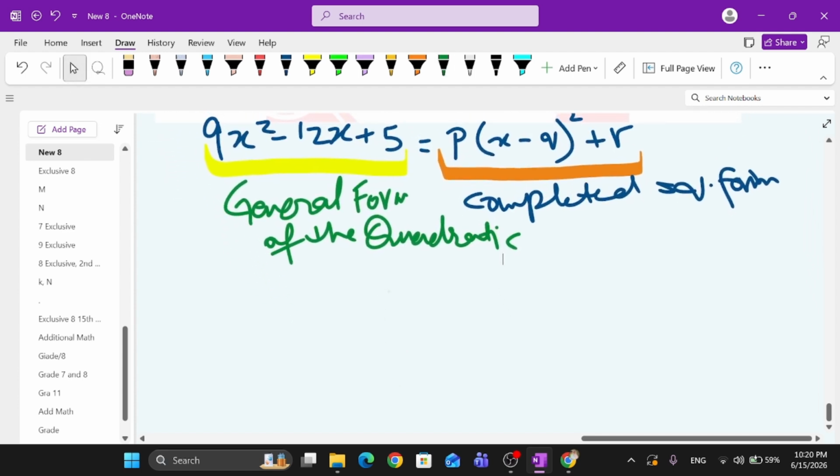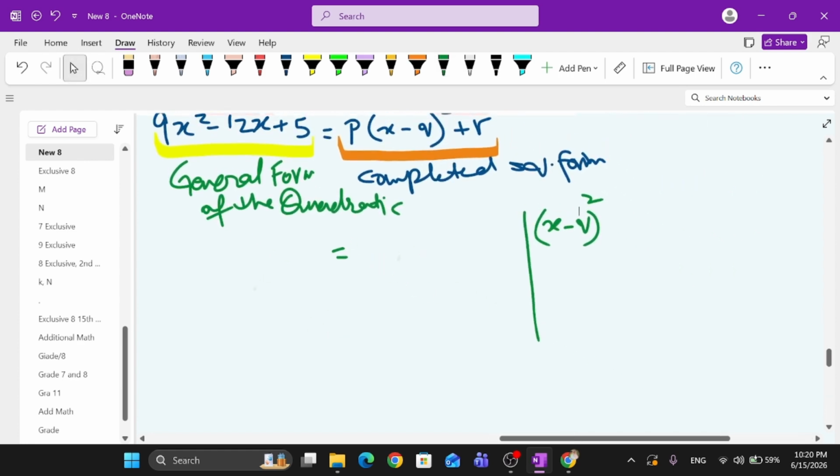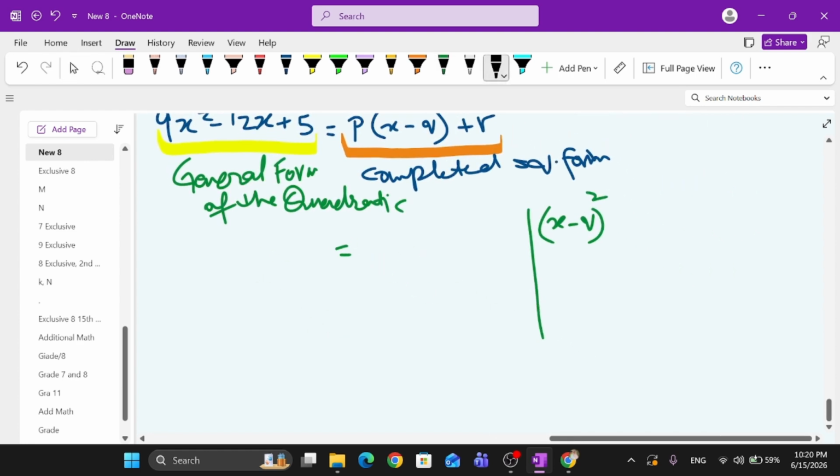Actually, I want to expand my completed square form. You notice that (x minus q) whole square, and if we make a rough working area, let's expand it with the help of the identity. We will get x square minus 2qx plus q square.